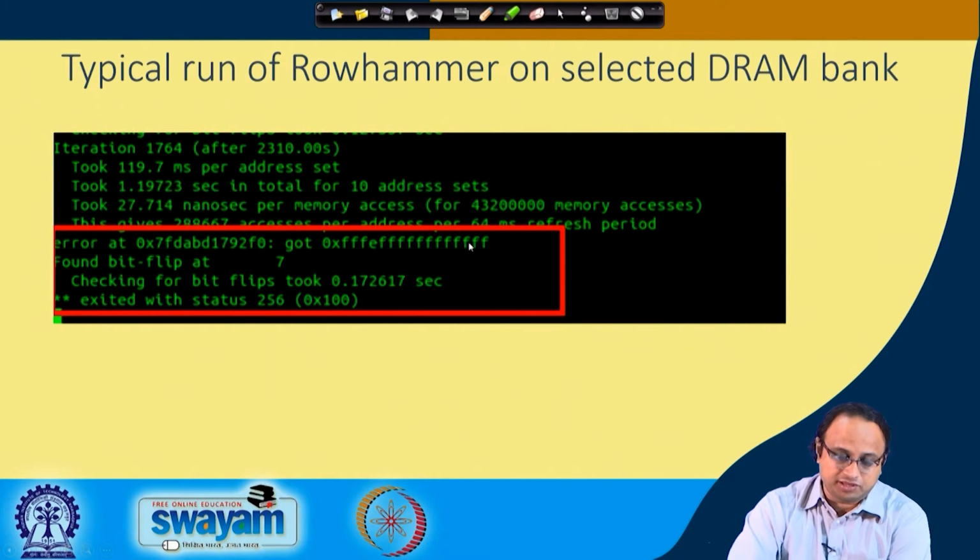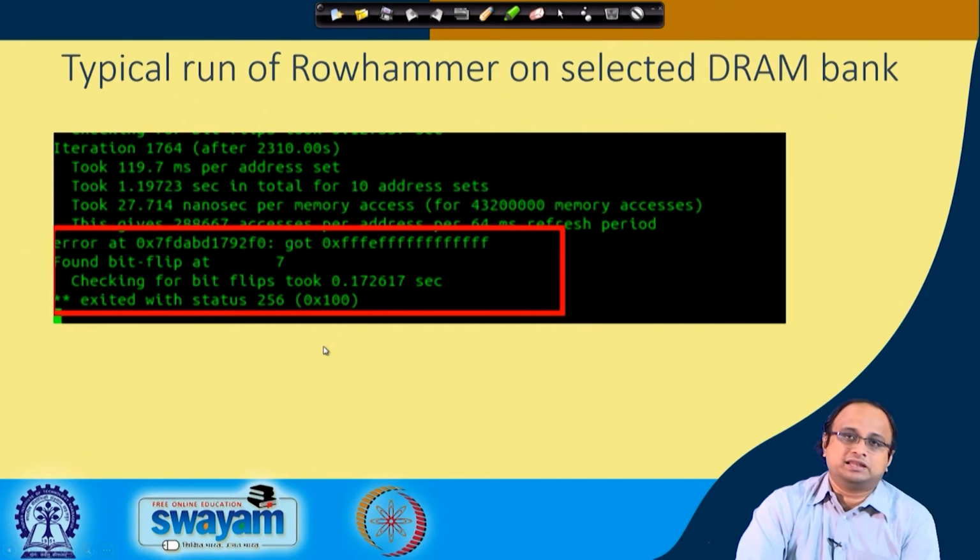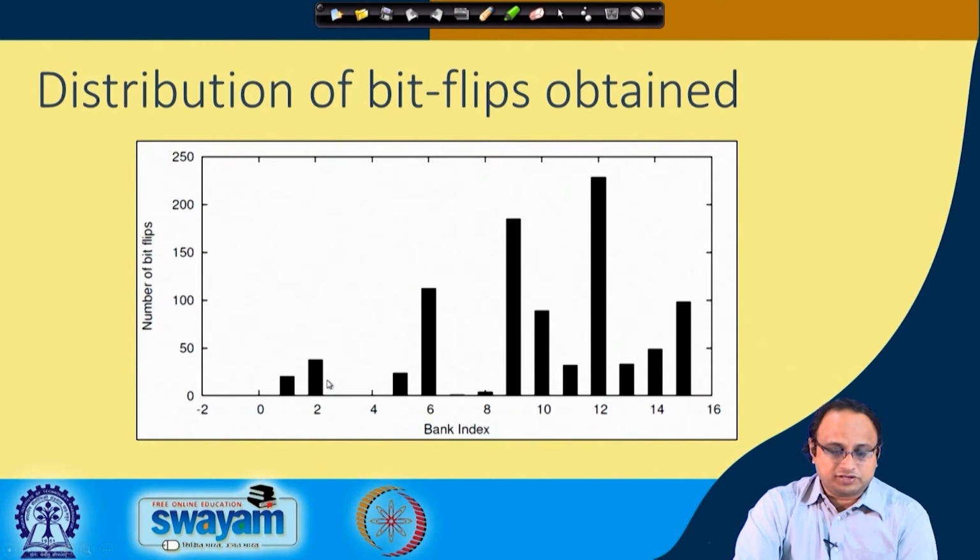Initially everything was all F's, that means the entire content was all 1, but suddenly there is a bit flip for which this F has become E. So we know that if you are able to create one single flip, then that has significant consequences in the security of crypto systems, whether it is AES or RSA or any other crypto system, and therefore this flip can potentially be exploited in launching a fault attack, for example.